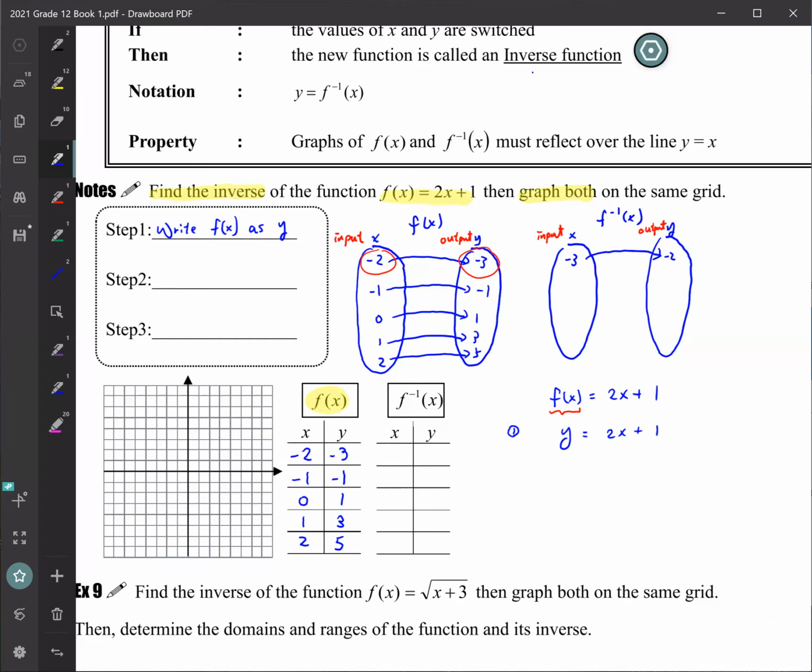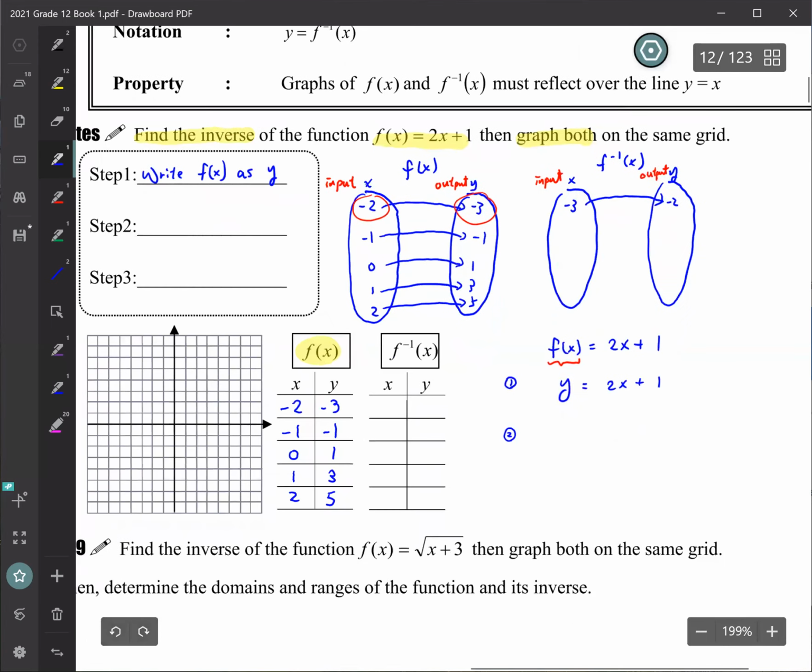After that, step 2, because to find the inverse means you reverse, right? You flip the x and y. What used to be x now becomes y, and what used to be y becomes x. So step 2 is to switch the x and y variables.